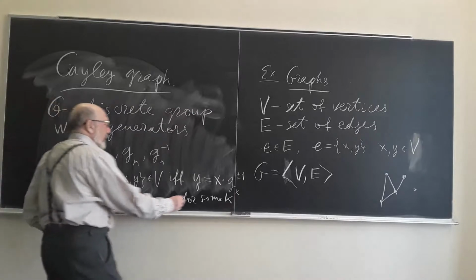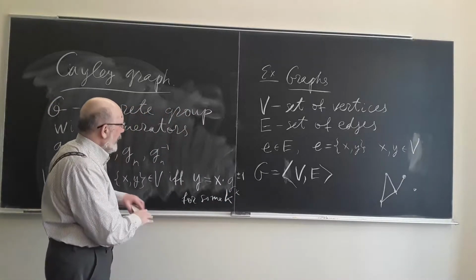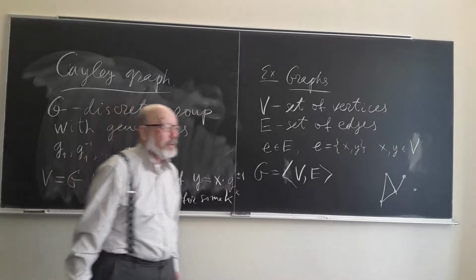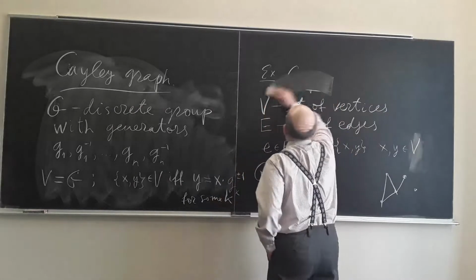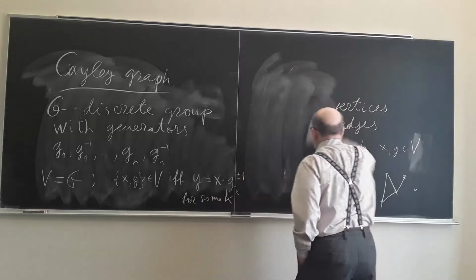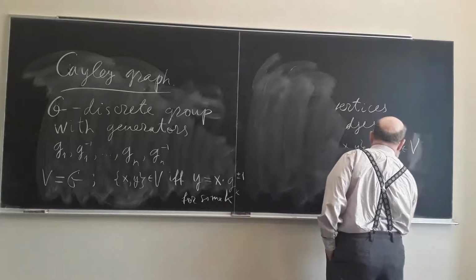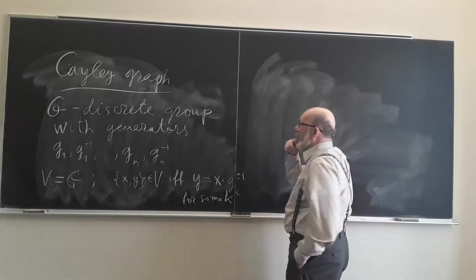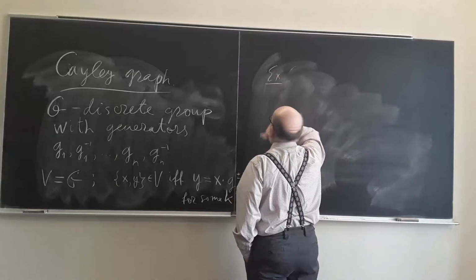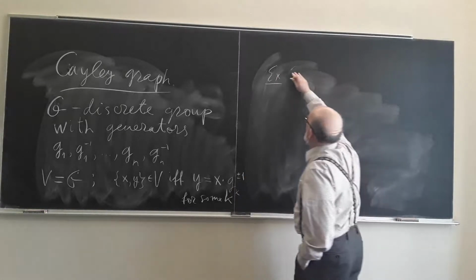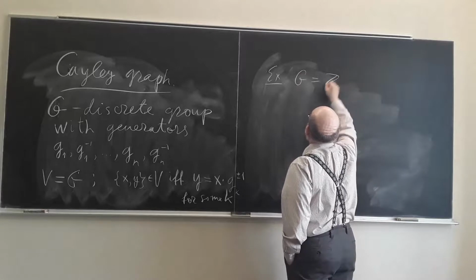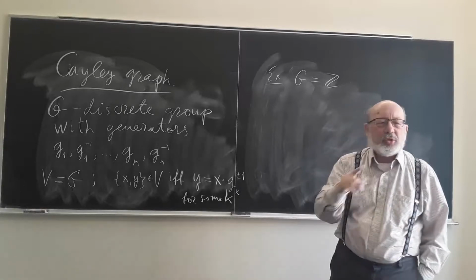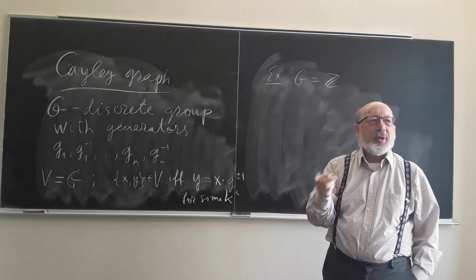Yeah. So we multiply x by one of the generators. Now, for example, is when our group G is the group of integers. It has just two generators, plus minus 1.